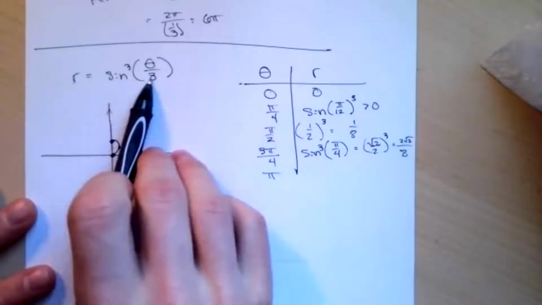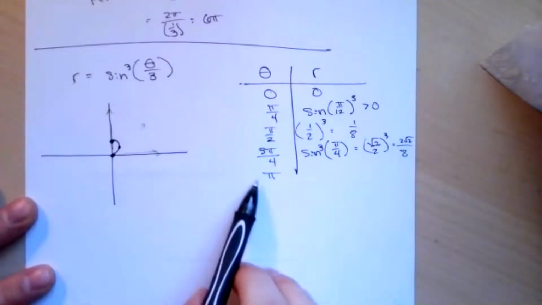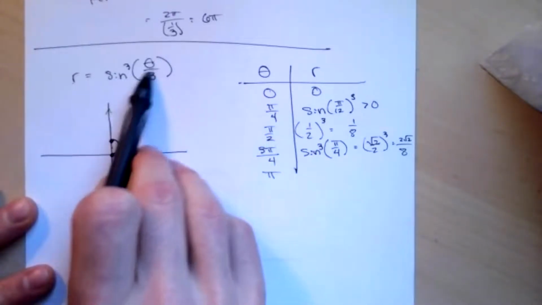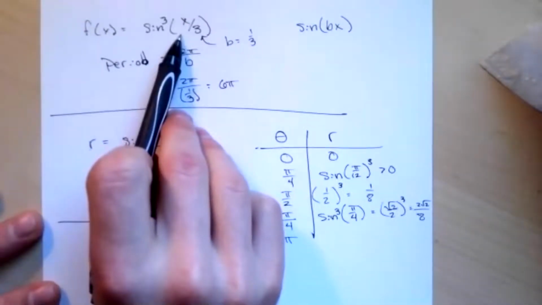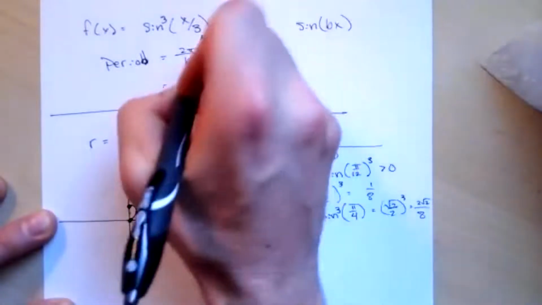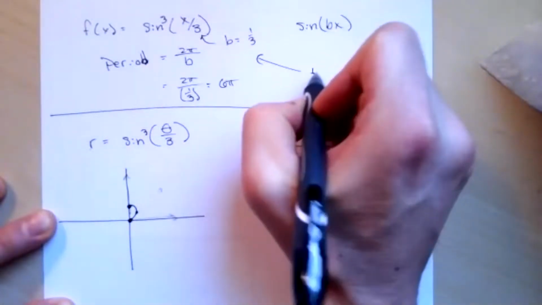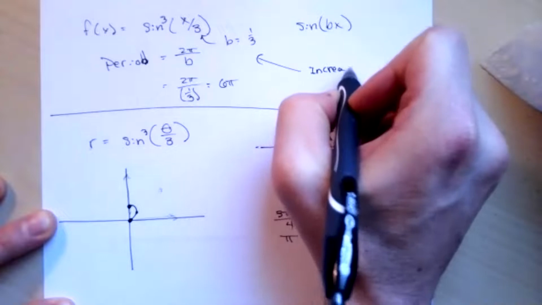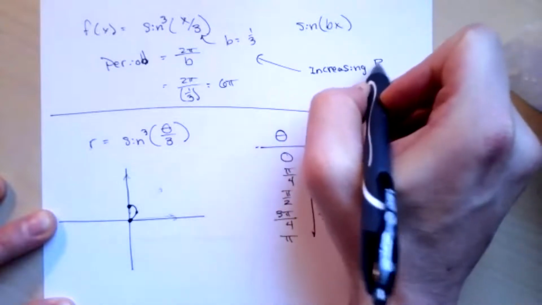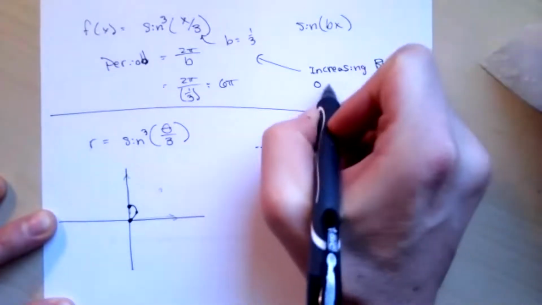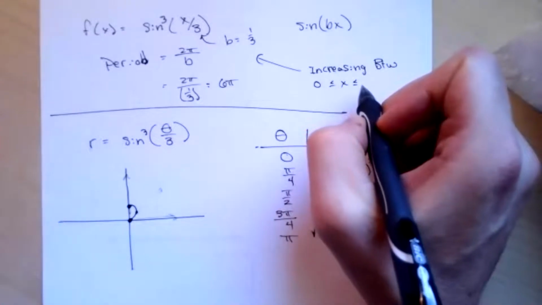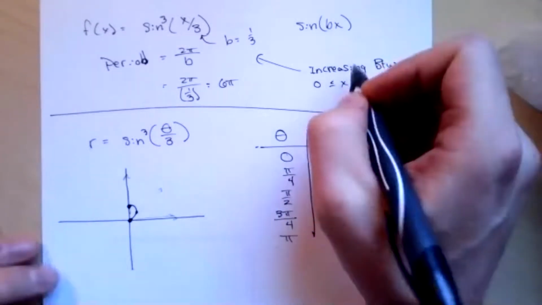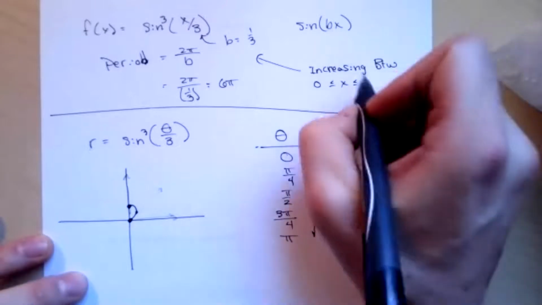But we know that sine itself is increasing between 0 and pi over 4. And since this is changing the natural period, now it's going to be increasing between 0 and, in this case, 3 pi over 2.